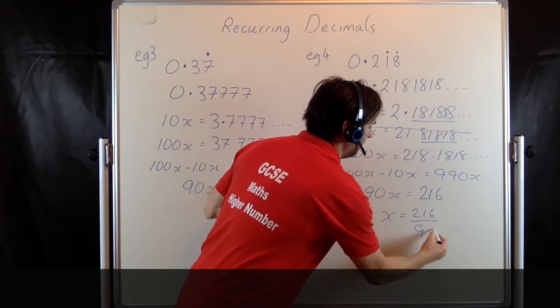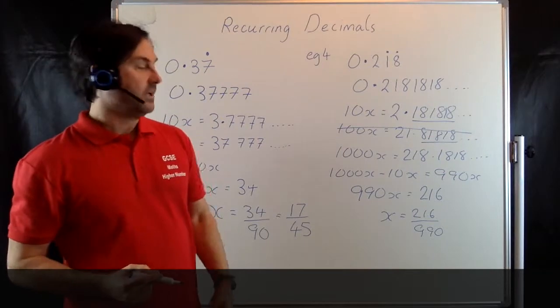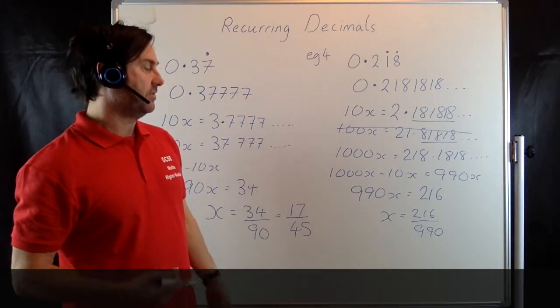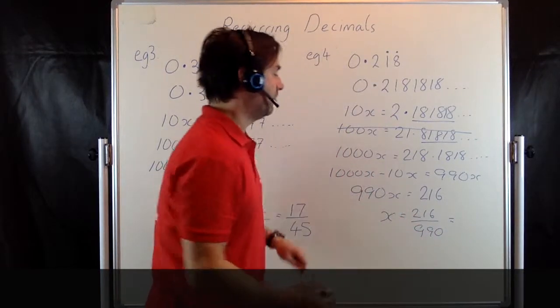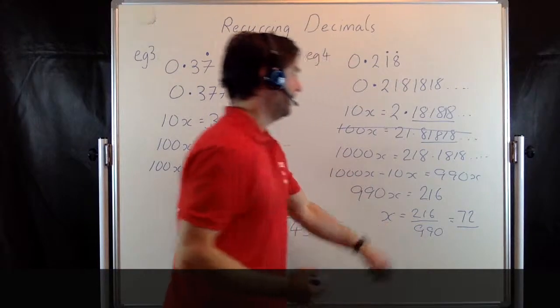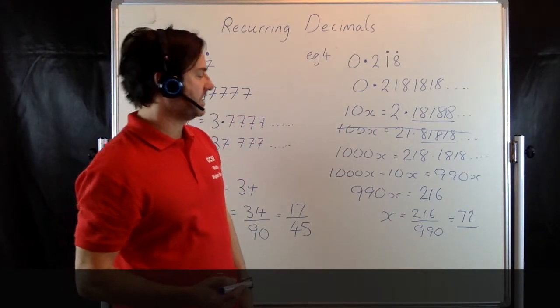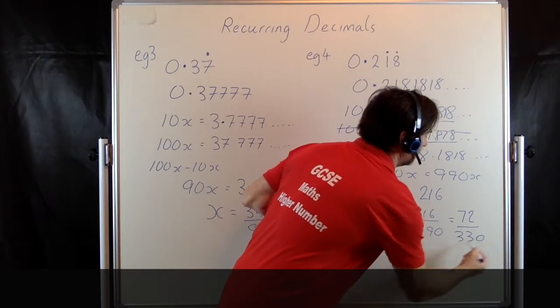Then I can move the 990 over to give me 216 over 990. I could divide that by 3. So 3 is going to go into the top one 72 times, and into 990, that's going to go 330 times.